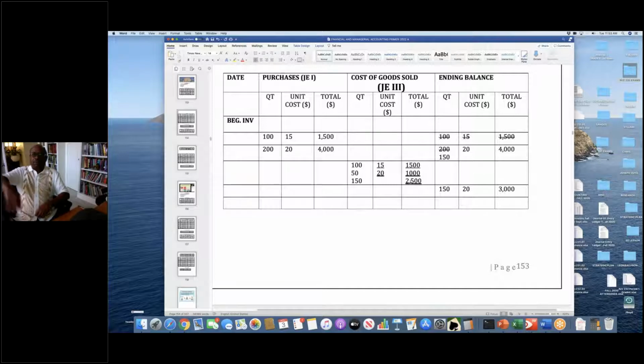Because they couldn't sell shoes during the year, so now they got some at the end. Try to push them through before the new clothes come in, or new shoes. So whether shoes or televisions or anything, they got to get it out of the ending balance to get it over here, cost of goods sold. That's the name of the game.